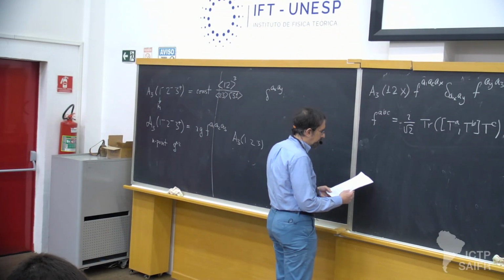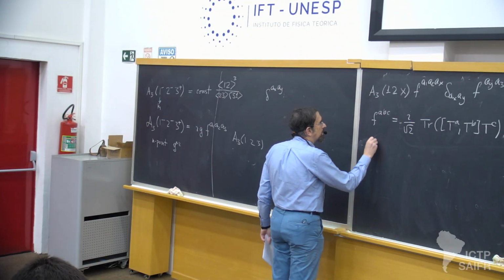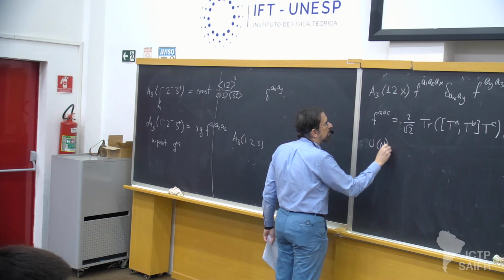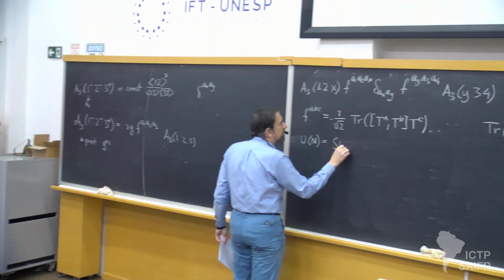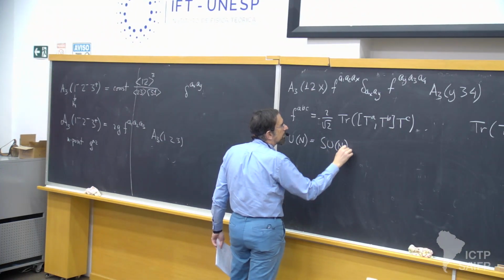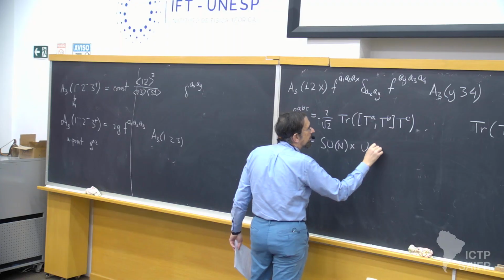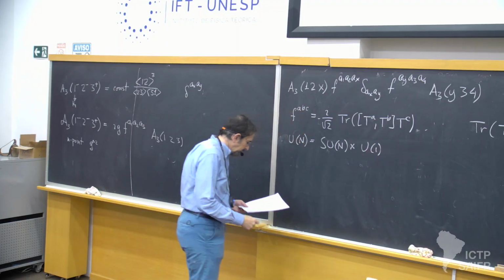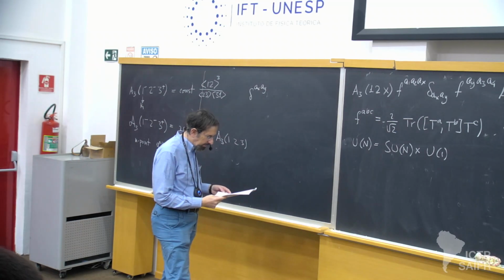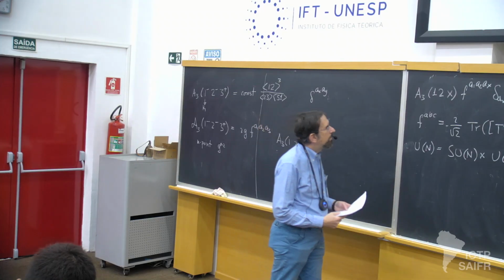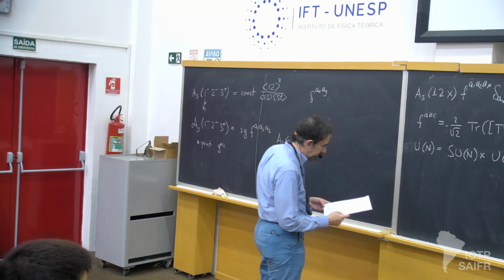But for our immediate purposes, it's actually going to be easier to think about U(N), which at the algebraic level is just SU(N) cross U(1), because it makes the sums that we're going to do simpler.